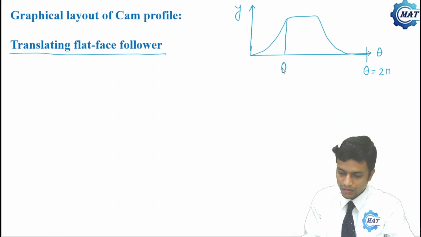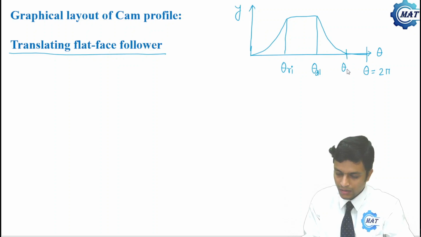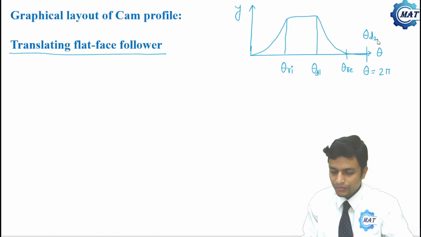Up to this is theta R for rise. This is theta dwell 1. This is theta R return, and here theta dwell 2.